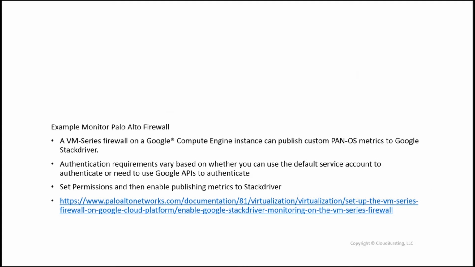There are also firewall capabilities as part of Stackdriver. Palo Alto is supported. There are also other monitoring solutions you could use, like Nagios. If you go to the Cloud Marketplace, there's a good amount of options to consider.